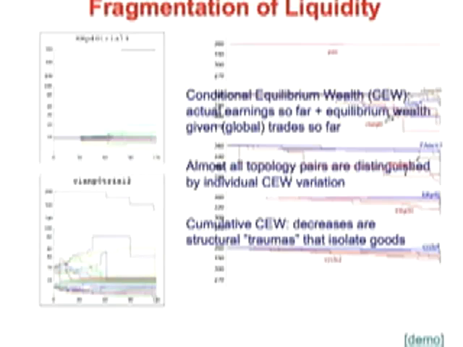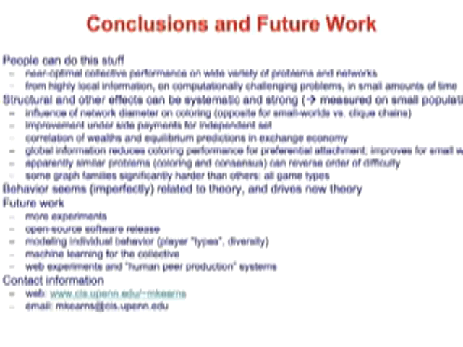Okay, quick conclusions. Maybe the most important one, which I didn't emphasize a lot, but which I think is obvious from what I've said all along, is that people can do this stuff. People can solve a wide variety of relatively challenging optimization or collective problems on a wide variety of networks in short amounts of time from very, very local views of the state of play in the network.